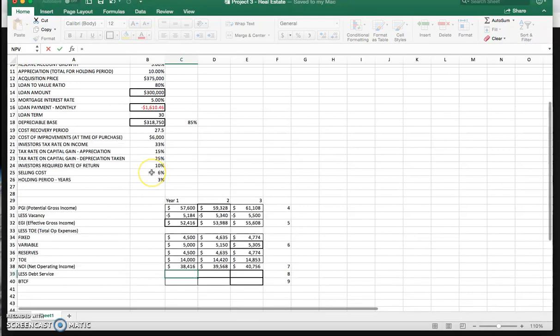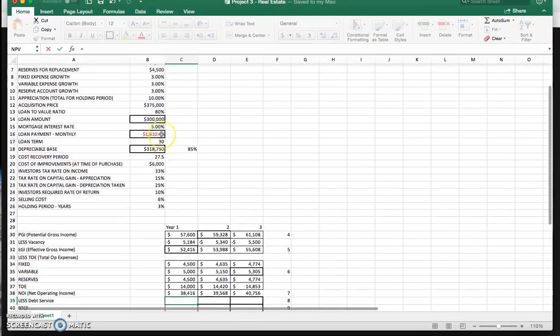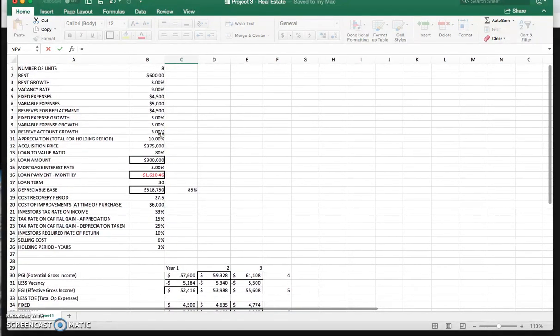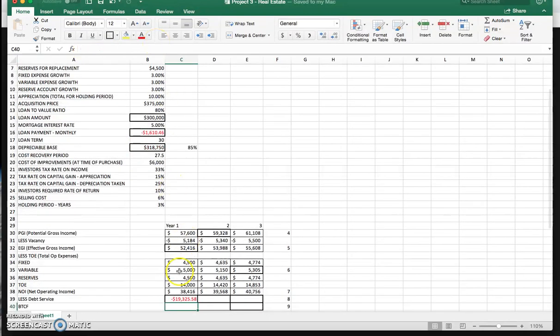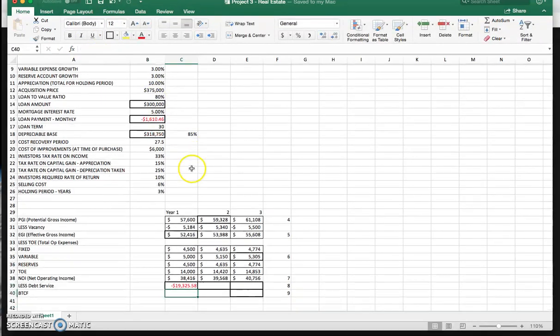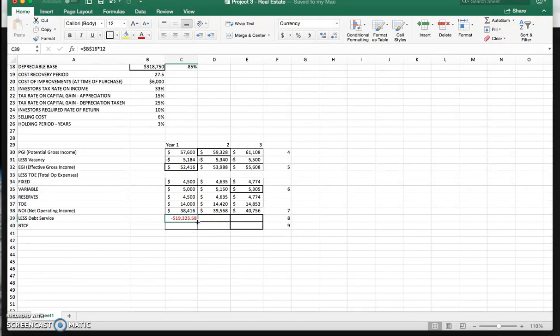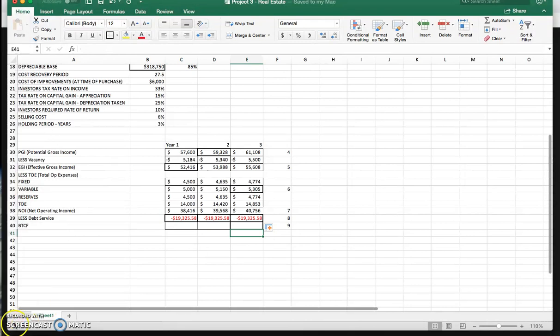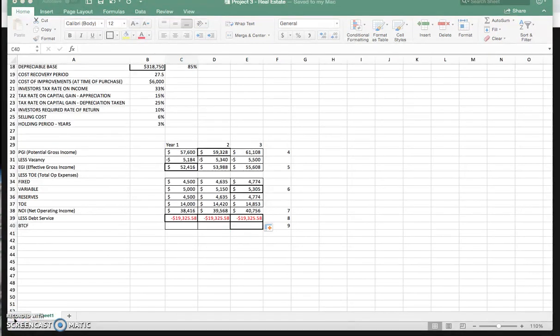So monthly payment is 16 times 12. Yeah, I think that's better. Now we'll try to drag it. Alright, I didn't think about it being all 3 the same number, but it's referencing the cell, so that's what we wanted.